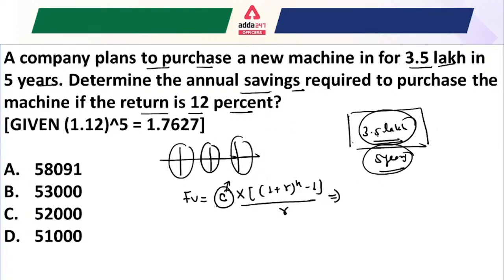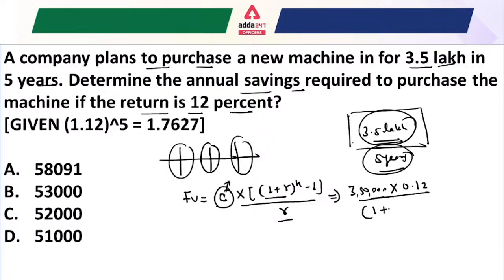So the future value which is given here is 3,50,000 rupees. So just write it here, and it is multiplied by the rate of interest which is given as 12%. So 12% we can also write as 0.12, okay, and it is divided by 1 plus r to the power n.